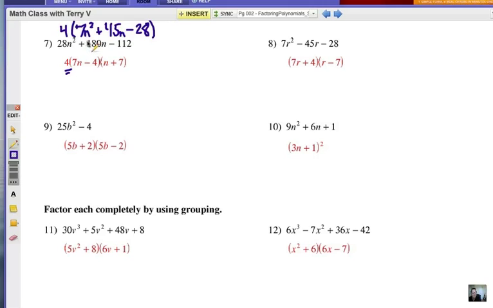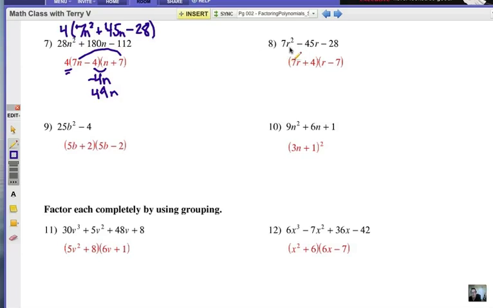That'll give you your 7n squared. I have a -4 times a positive 7. That's the -28. And then we have some combination here to get my middle term. So -4n and 49n. Notice how it's a -4 and a positive 49, so that gives you your 45n middle term. Again, factor out the 4 first as a GCF.